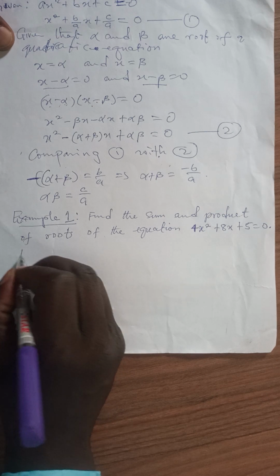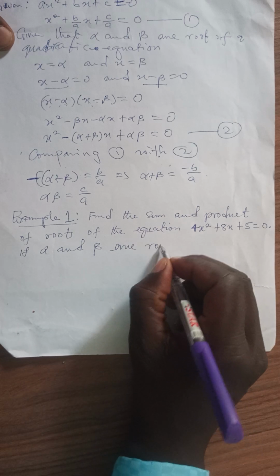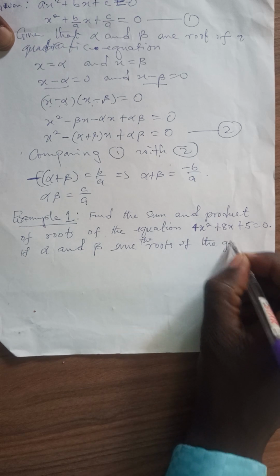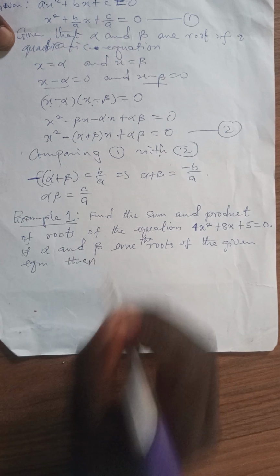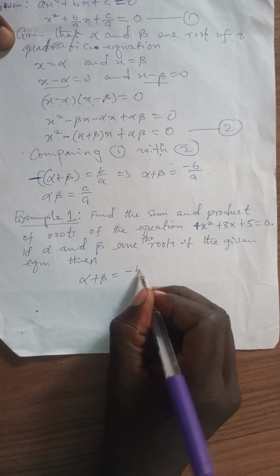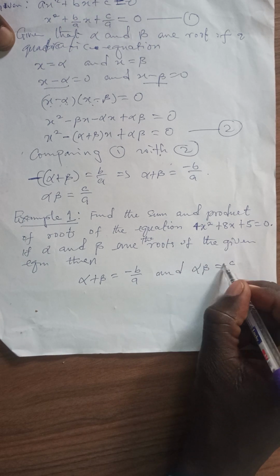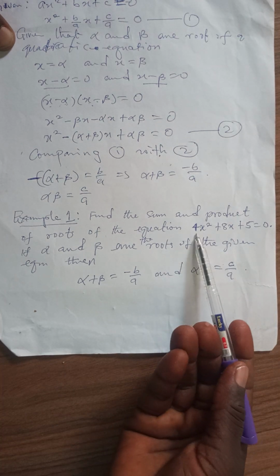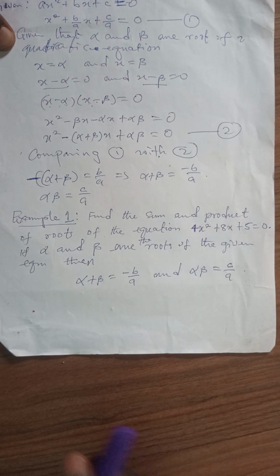So we have alpha plus beta equals minus b over a, and alpha times beta equals c over a, where a, b, and c are respectively the coefficient of x squared, the coefficient of x, and the coefficient of x raised to power 0, which is the constant term.